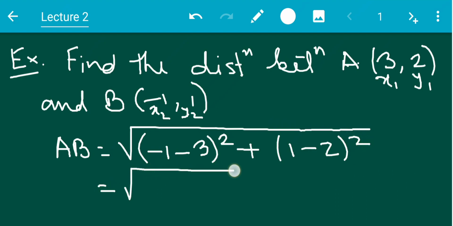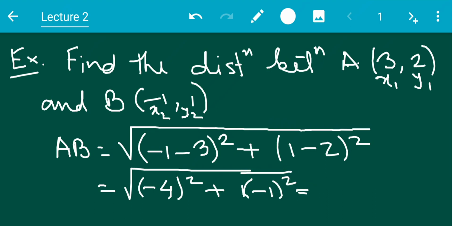So this is minus 4 whole square plus minus 1 whole square, which is 16 plus 1, the square root of 17. This is how we can apply the distance formula to find the distance between 2 points.